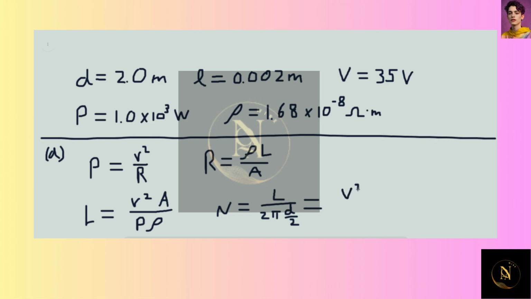So this is V squared times the area divided by pi times d, because we can cancel that 2 with the 1/2. And the area here, since it's a square, is just the square of little l. So this is little l squared divided by pi times d.